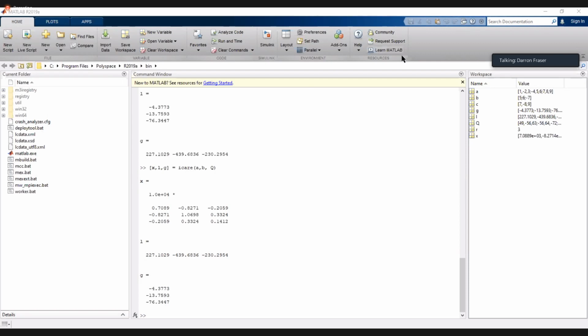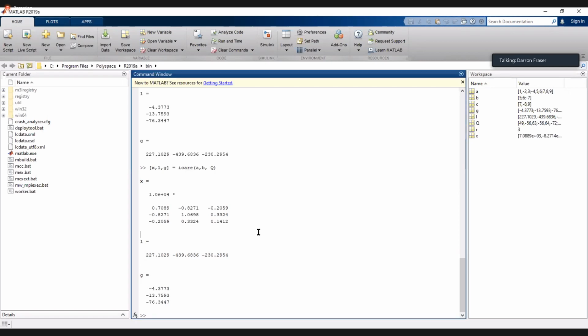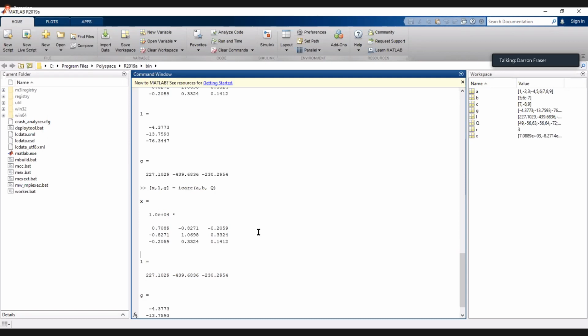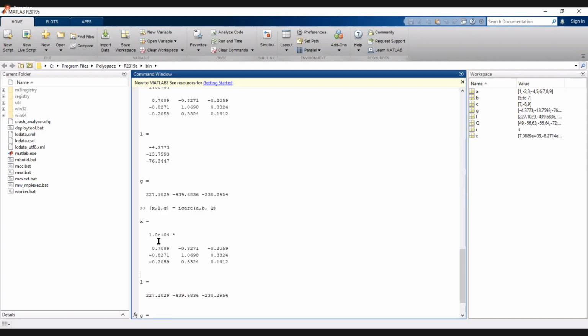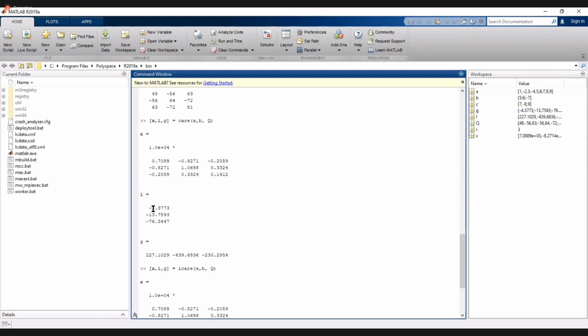Oh, no, the icare gives you X, K, L. So the G is in the middle and the L is at the end. The gains are the second thing that you see, and then the eigenvalues of the function, the last thing.